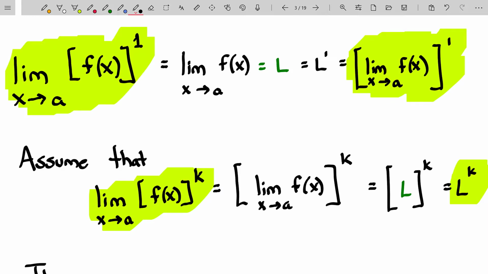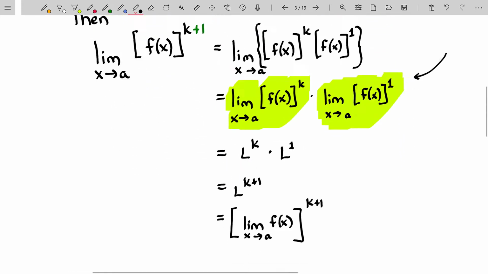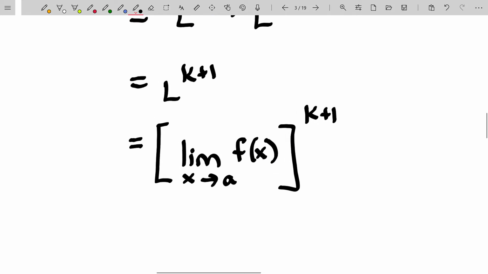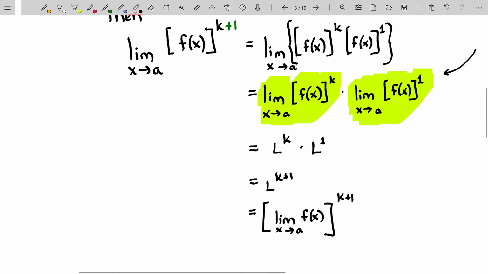That's like assuming that you have a domino that's falling in the future. But with that assumption, we have proven that the next domino in line has to fall as well. That is, the claim is true for the next domino in line.